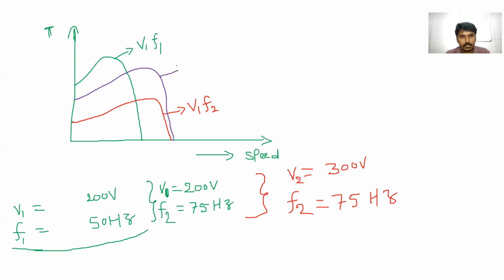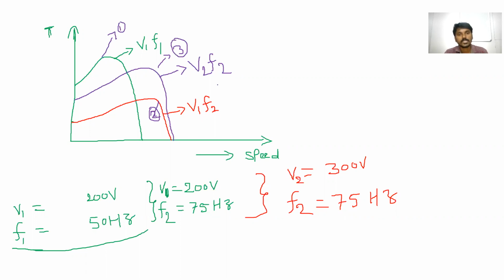This graph is V2, F2. So this is graph 1, this is graph 2, and this is the third graph.